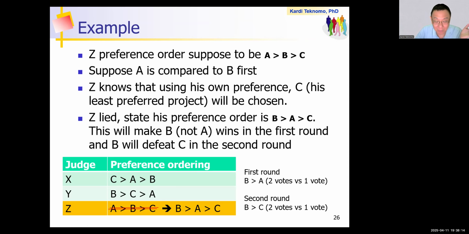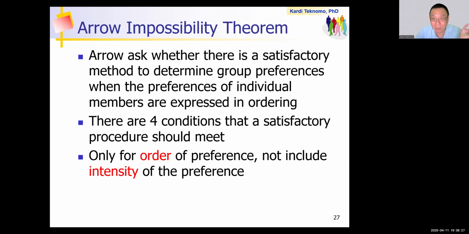So we can actually do this. And in fact, this is what is called the Arrow Impossibility Theorem. Ken Arrow asked whether there is any satisfactory method to determine group preference when the preferences of individual members are expressed in order.